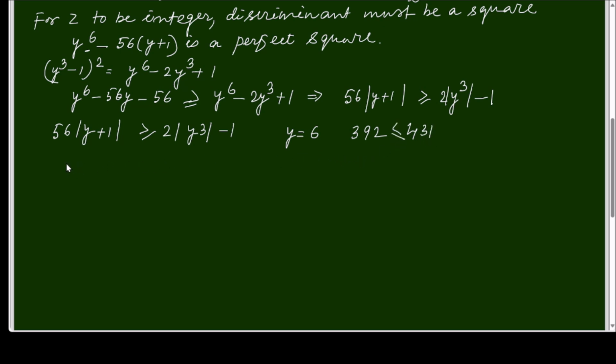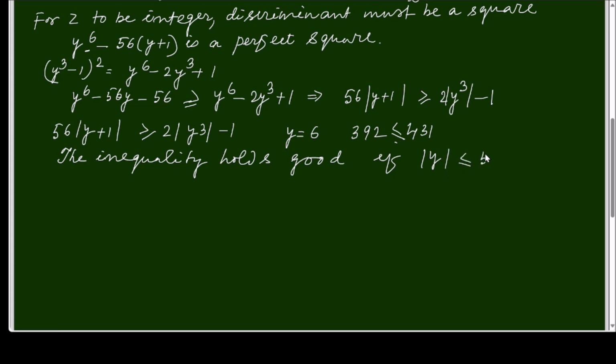So that means the inequality holds good if |y| is less than or equal to 5.